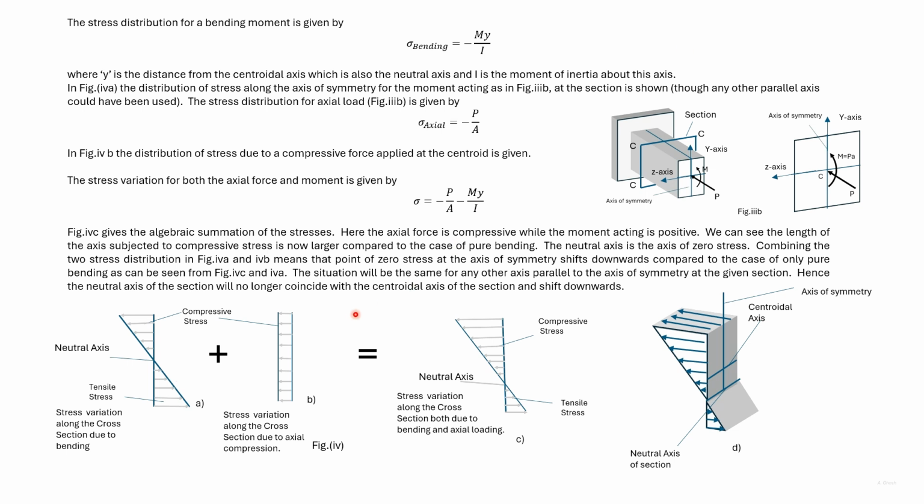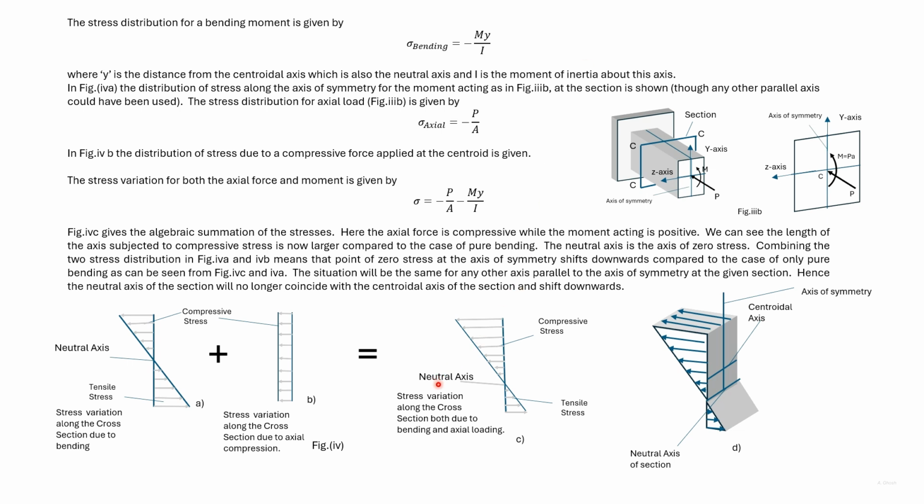Due to the compressive axial load, there will be uniform compressive stresses acting on the same axis of symmetry. Adding these two up algebraically, we get this variation of stress.